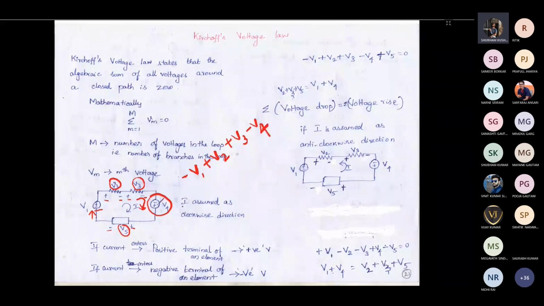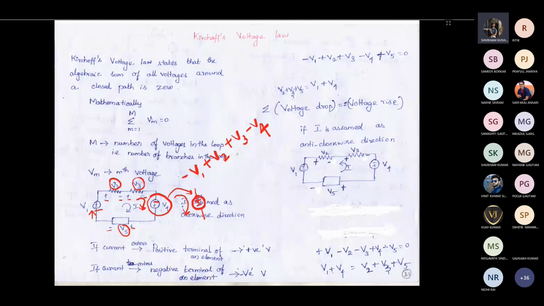In case the circuit is in this fashion, if the voltage source is like this instead of like this, here negative polarity is first, where the current enters as per our assumed direction.